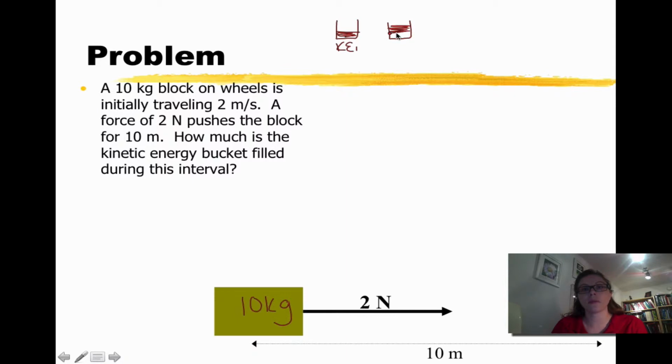So if we're pushing it, it's probably going to be speeding up, right? So we're going to have our final kinetic energy, and then the change: kinetic energy final, which is more, minus the initial, which is less, equals our change.